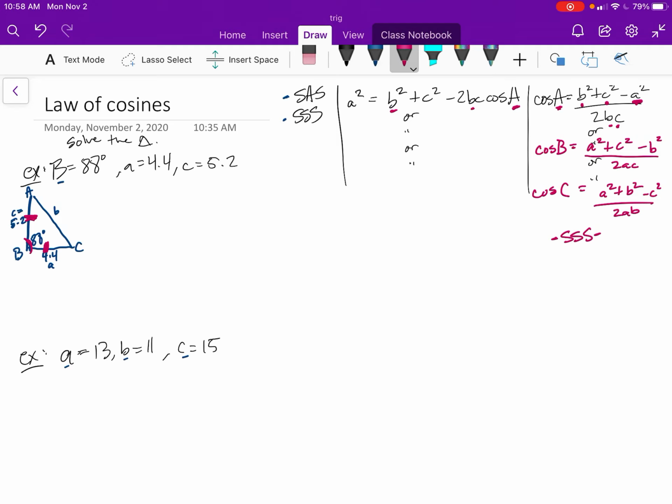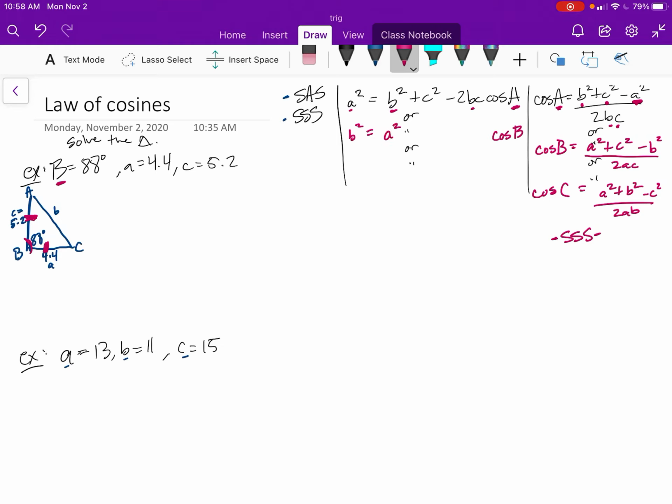But let's look at that and see how to write the other two. So notice little a and big A, just like on the right hand side. So if I change this to b squared, because I have big B here, right? Then I think this would be cosine of big B. And basically I interchanged little a and little b.